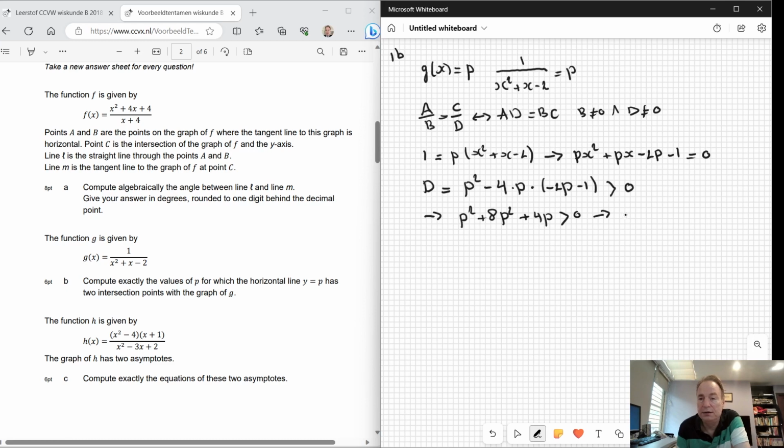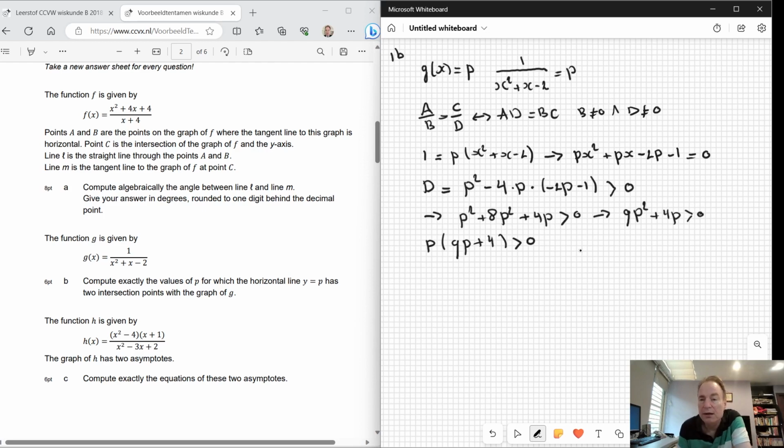So that is 9p squared plus 4p greater than 0. We can pull out p to get p times 9p plus 4 has to be greater than 0. And by writing it in this way, this is again a quadratic function in p, and we have to figure out for which p this is greater than 0.